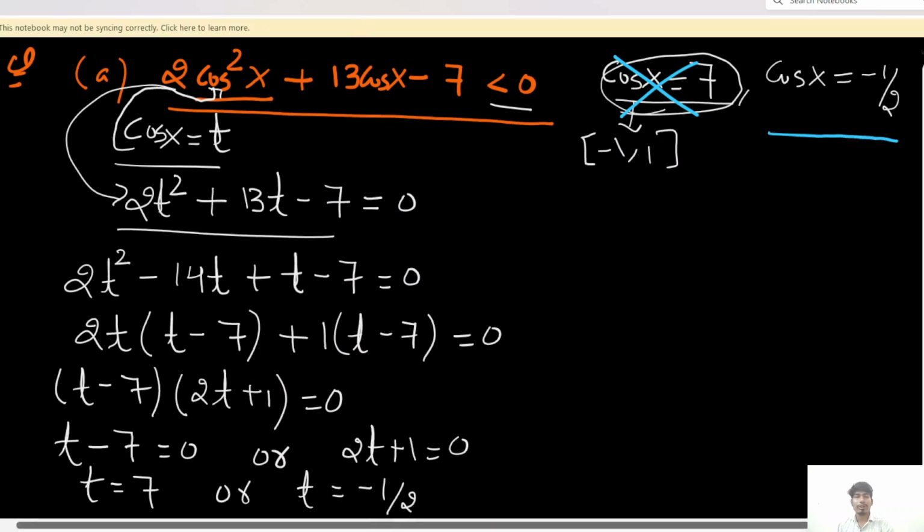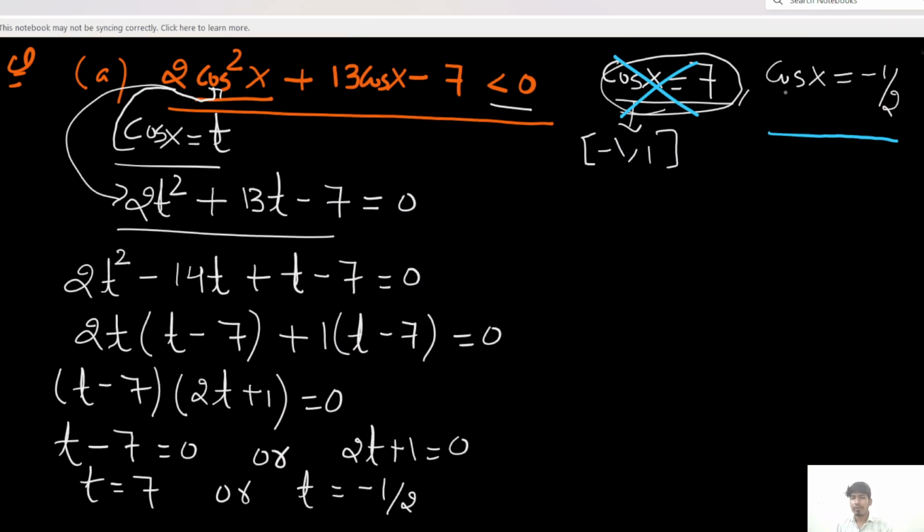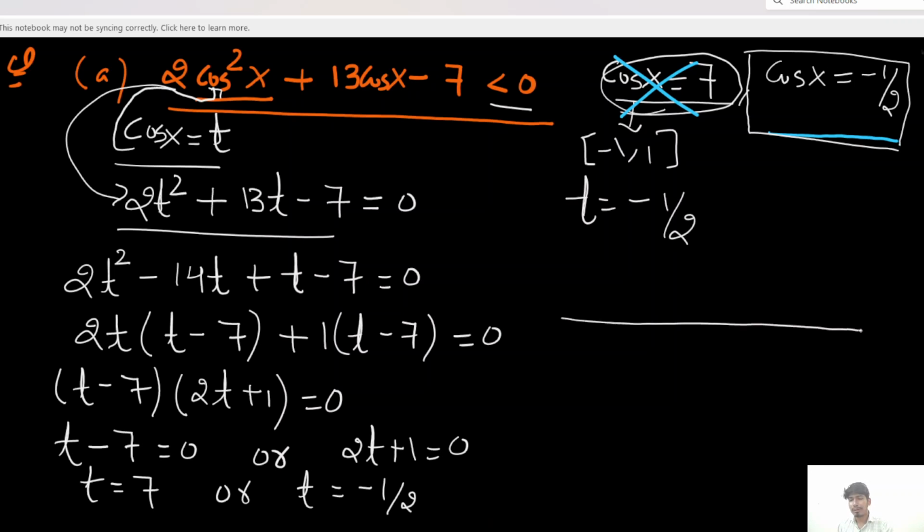Okay students, then cos x is equal to minus half means what? Cos x is minus half, which means t is minus half. Okay, this is our number line. Then this becomes minus half, and if we take a negative value, then what we get?